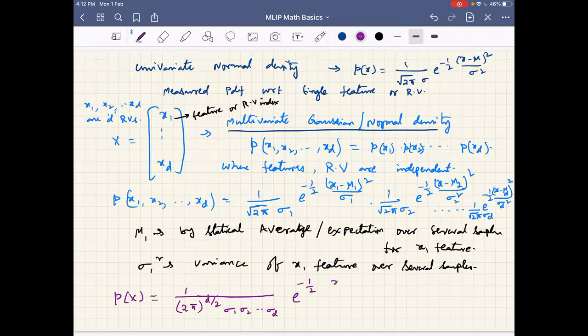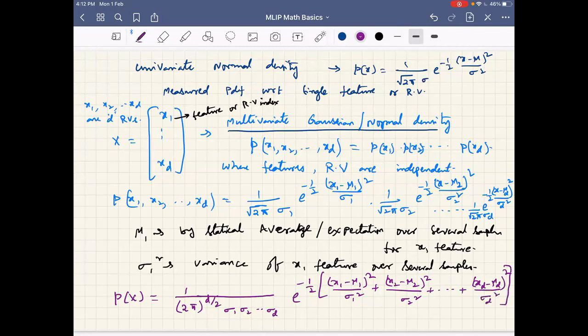Let me write it in a simplified way: x1 minus mu1 whole square by sigma 1 square plus x2 minus mu2 whole square by sigma 2 square and so on. I am bringing the common exponent and then adding all of the exponents. So e power I am writing only once, and xd minus mu d whole square by sigma d square.